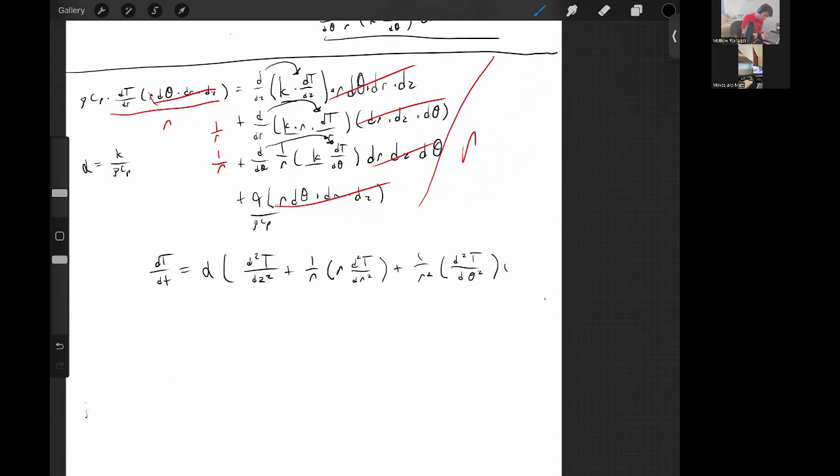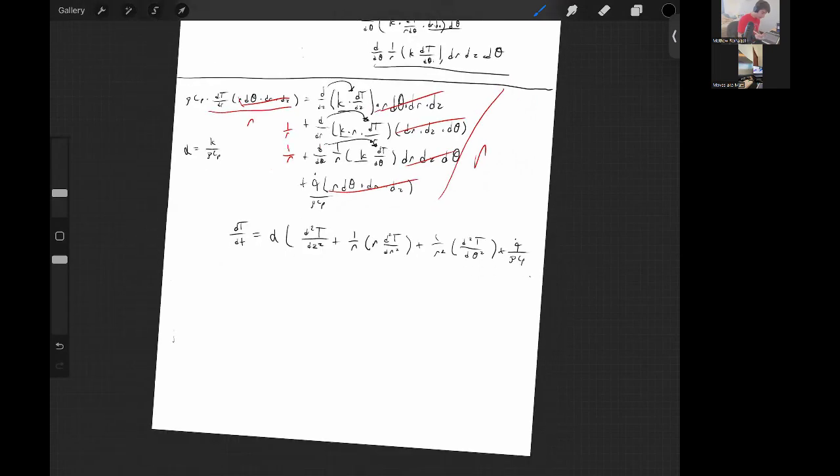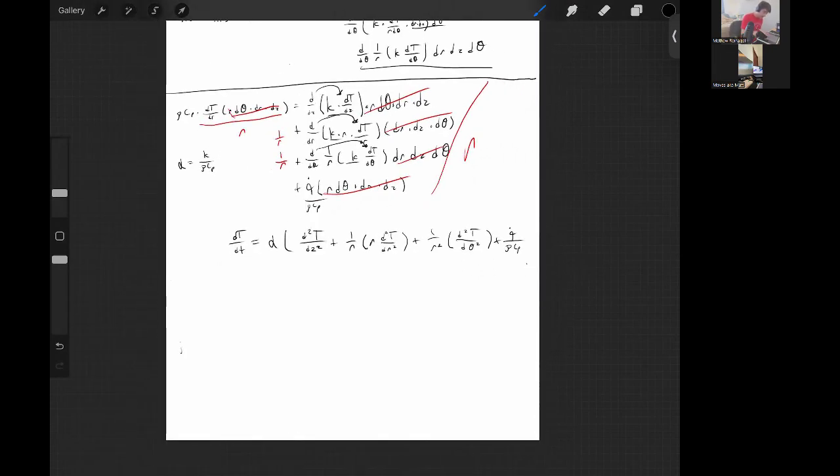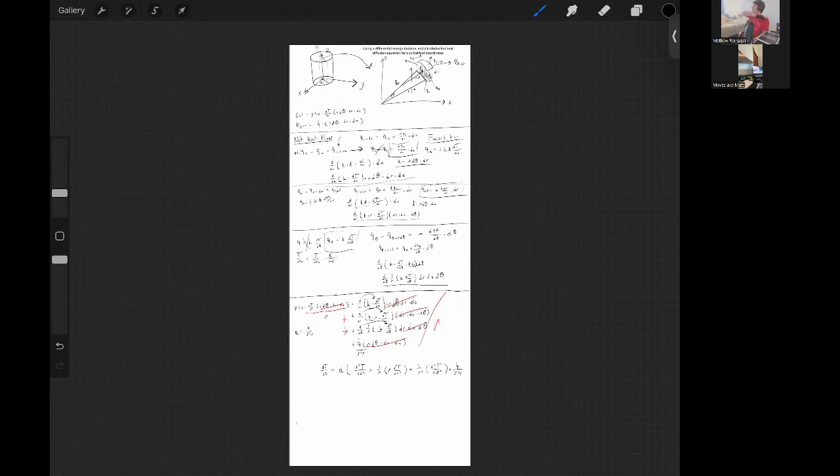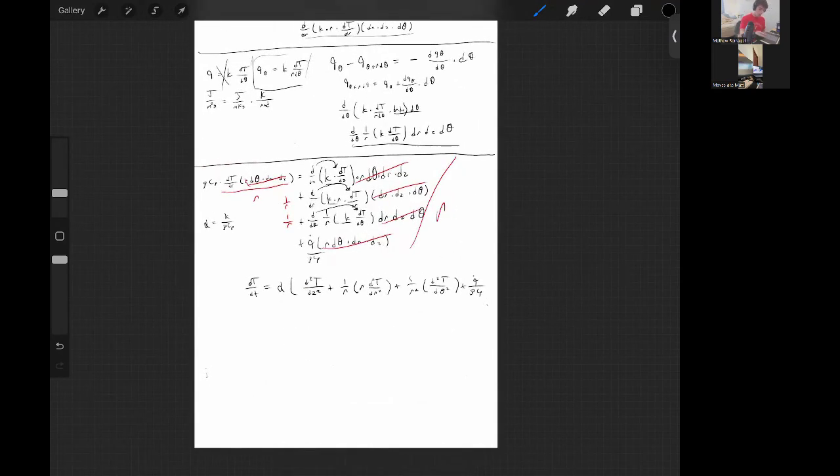And then all we do is just add our heat generation or energy generation and divide it by our density and heat capacity. And this gives us a heat diffusion equation using cylindrical coordinates.